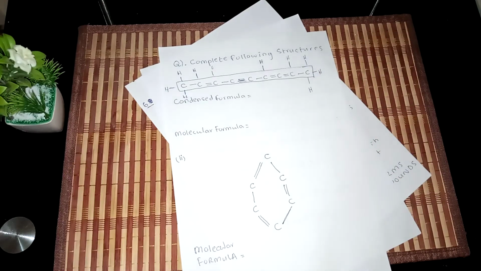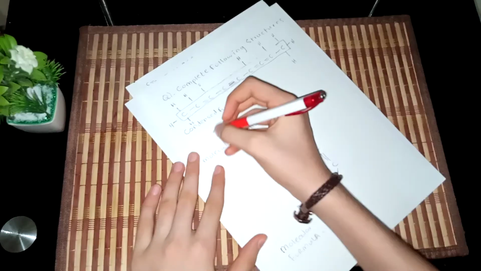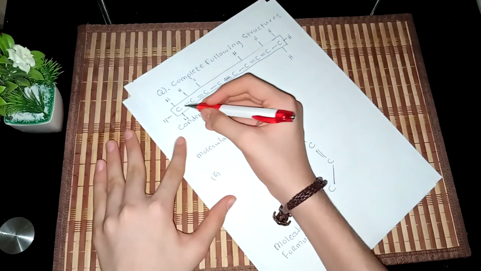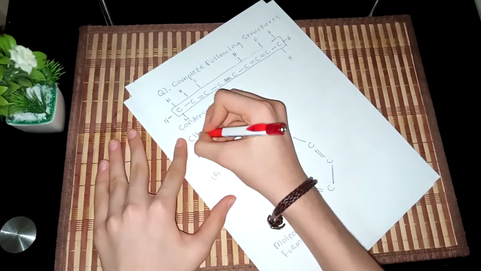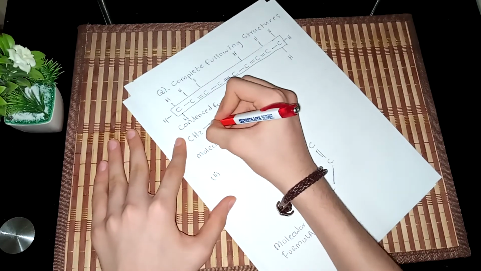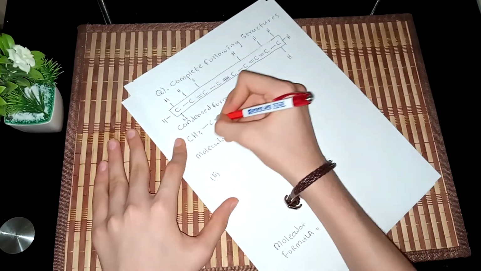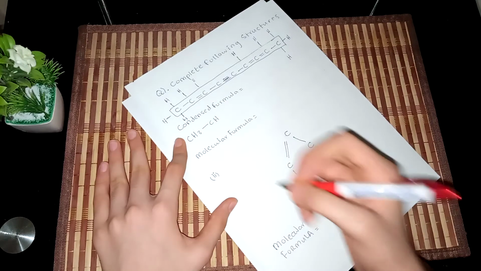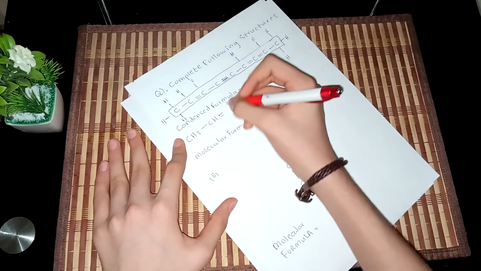So for its condensed formula, let me write it for you too. Here it is. Now we will write first CH3 with a single bond. We will write CH with a double bond. It is also CH.